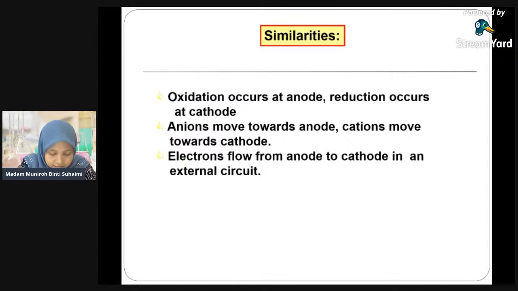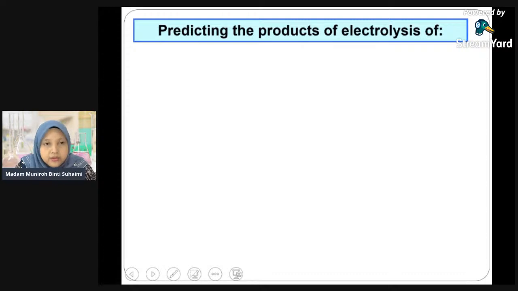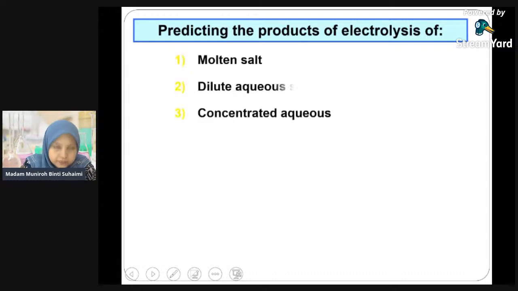Next, we want to predict the product of electrolysis. There are three types of electrolysis: molten salt, dilute aqueous solution, and concentrated aqueous solution.